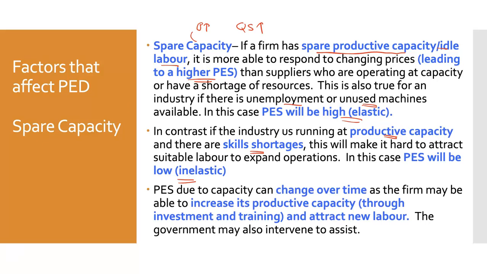Now, this is quite a short-term consideration. In the long term, we recognize the price elasticity of supply due to capacity can change over time as firms and industries, particularly if prices are increasing, will look to increase their productive capacity through investment and training in new labour.